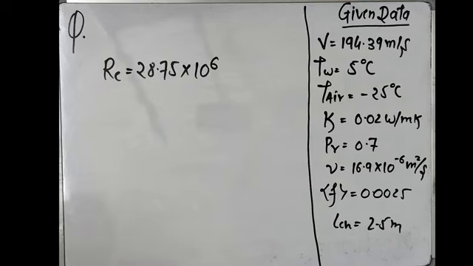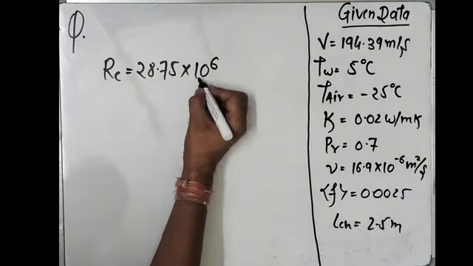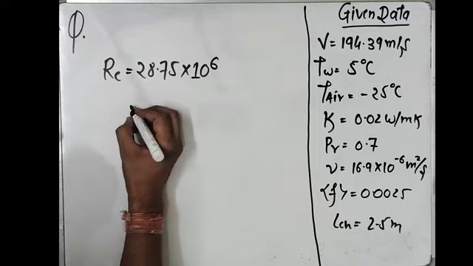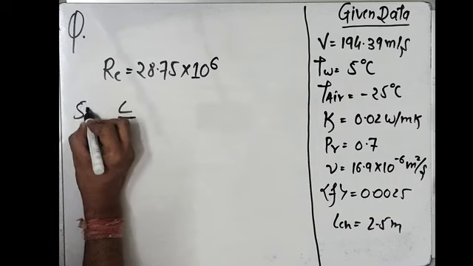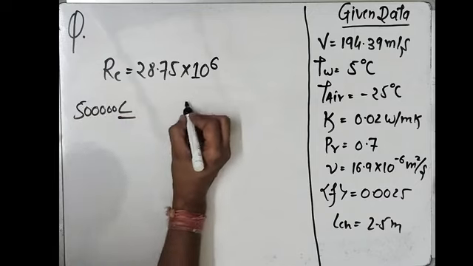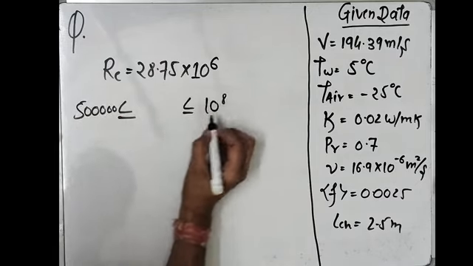The Reynolds number we got is 28.75 into 10 to the power 6, which is greater than 5 lakh and less than 10 to the power 8.